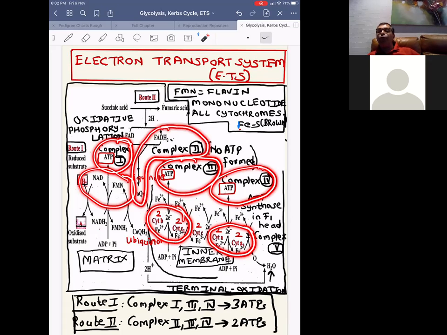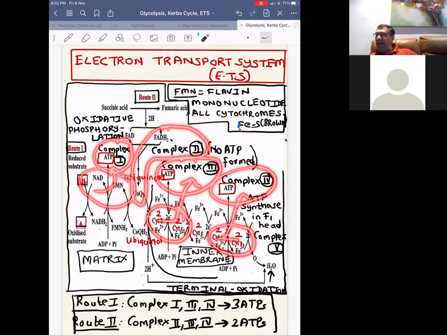Of these 4 complexes, complex 1, complex 3 and complex 4 each form an ATP.